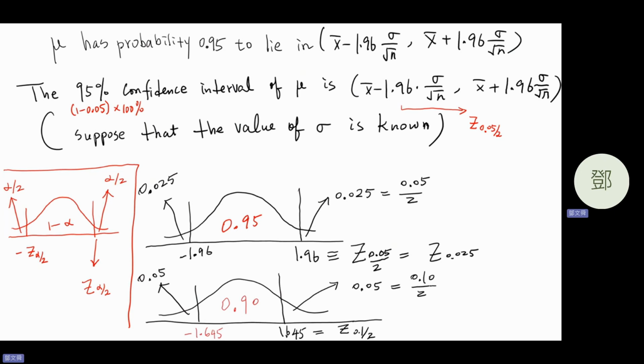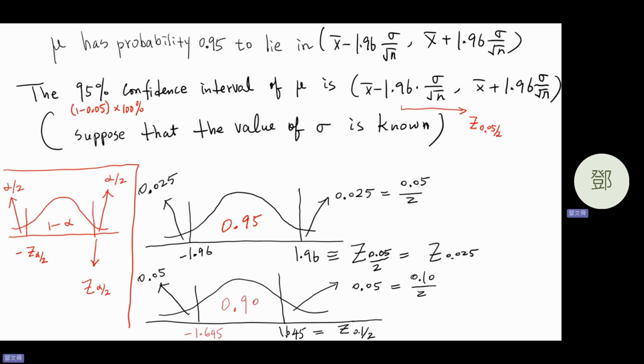So we have a notation for it: 1.96 is defined as Z sub 0.05 divided by 2. Or you can just write Z sub 0.025, but commonly this one is used more often, Z sub 0.05 divided by 2.